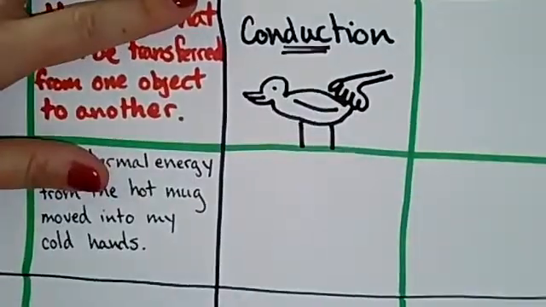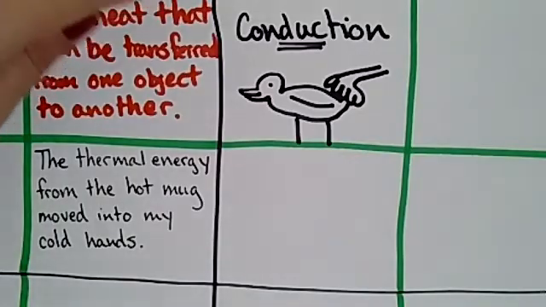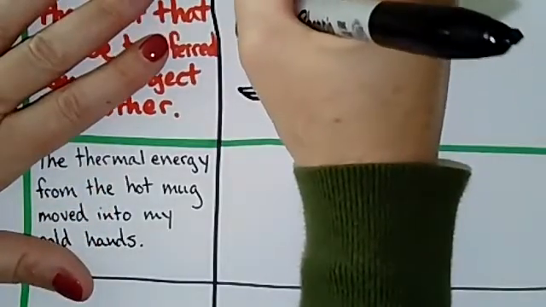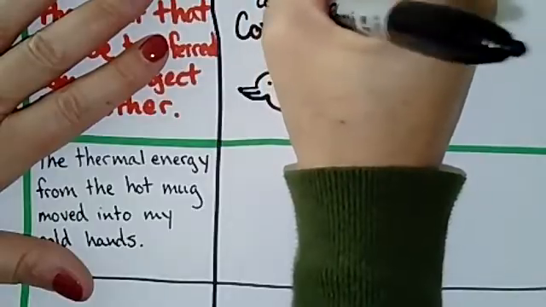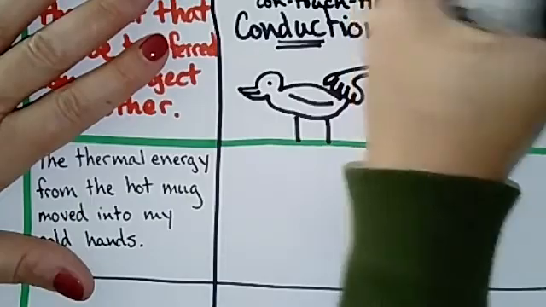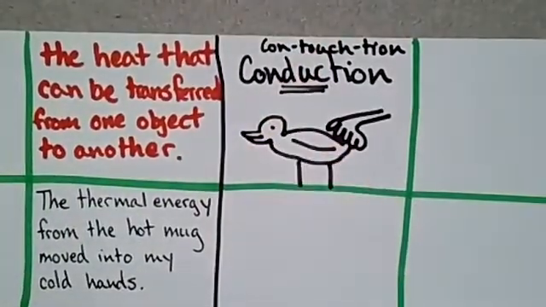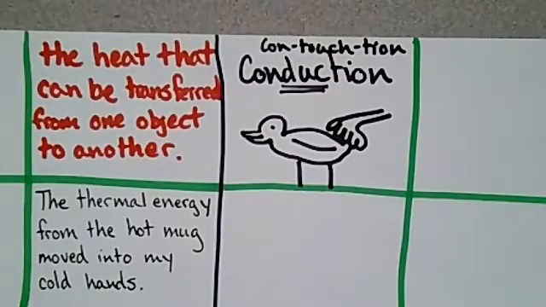And I want you to remember that you can actually touch a duck. Touch a duck. You could also call this conduction. You can touch it. So conduction is the transfer of heat when two objects are actually touching.